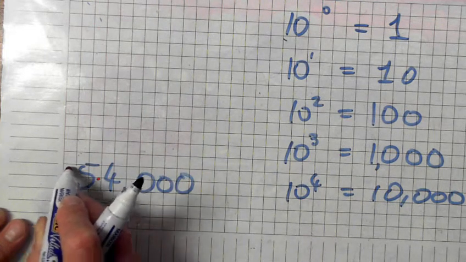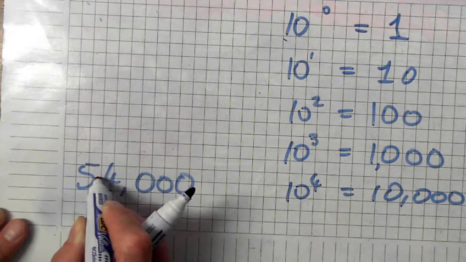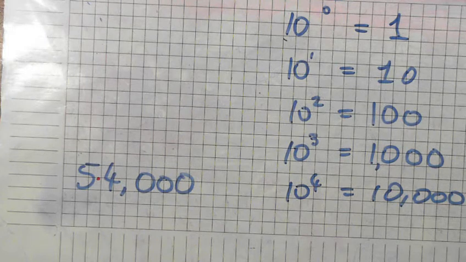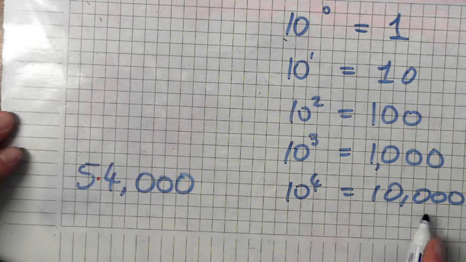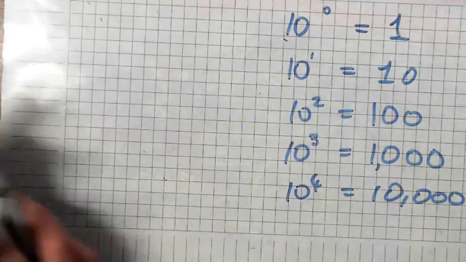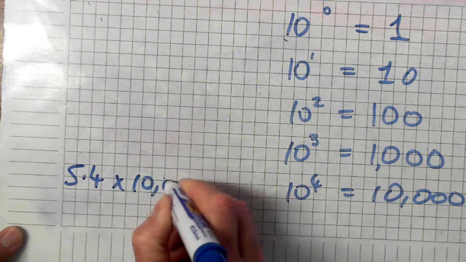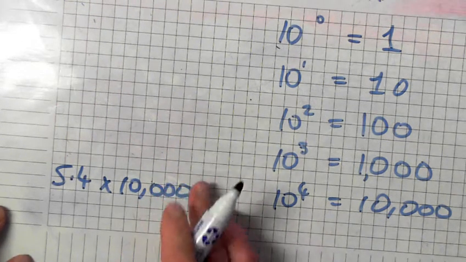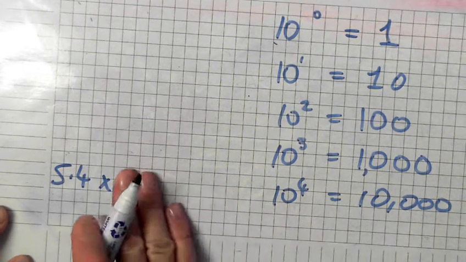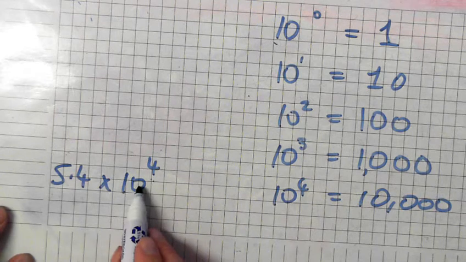So start at the left hand side and jump in 1 significant figure. Right, so the two numbers I'm going to pick are 5.4 and 10,000. So 5.4 times 10,000 will give me 54,000. 10,000 is equal to 10 to the 4. So that's 5.4 times 10,000 is 54,000.